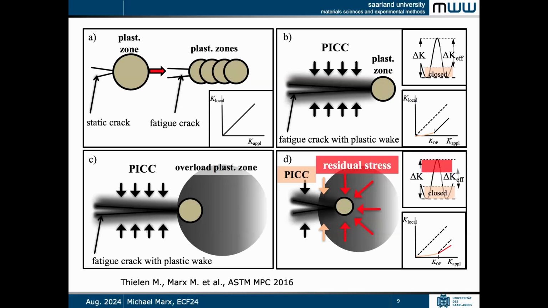And the other thing is that we have the residual stresses in front of our crack, which will reduce the maximum load. And this again reduces our effective cyclic stress intensity factor. And this means that the local K and the applied K should look like this. You have delayed opening and decreased maximum local K factor.